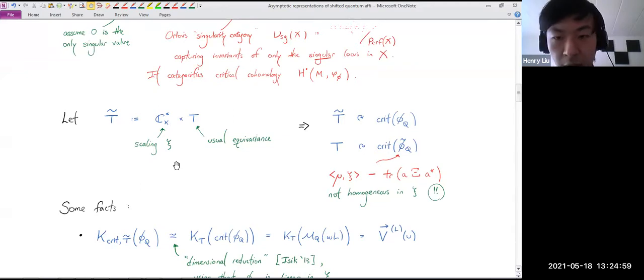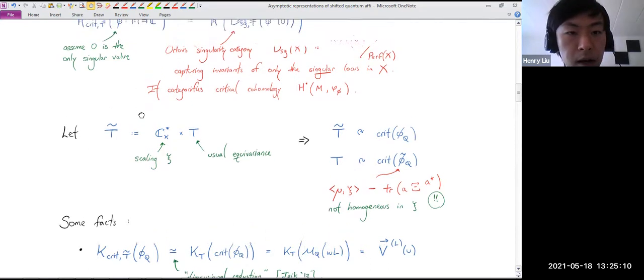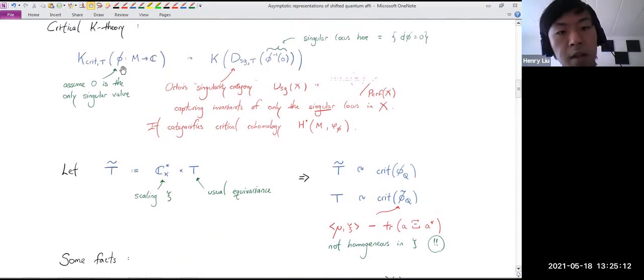Maybe at a slightly more abstract level, this new variable keeps track of the weight of the critical function. It may be that the critical function that you're interested in, phi, is actually homogeneous in a certain variable.